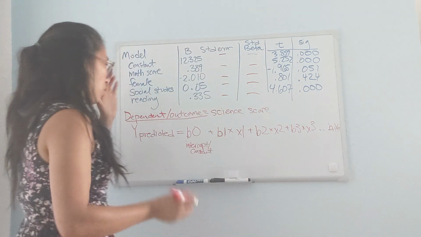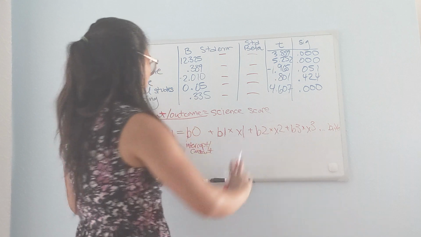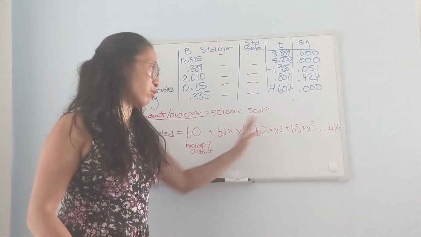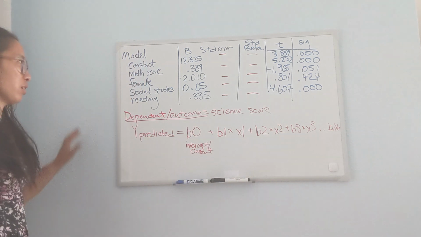Okay? So however many variables you have that are predicting your outcome measure, that's how many coefficients you have, one for each of those variables. So let's go over this.